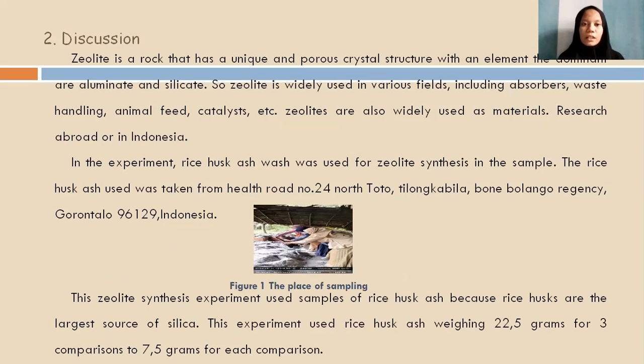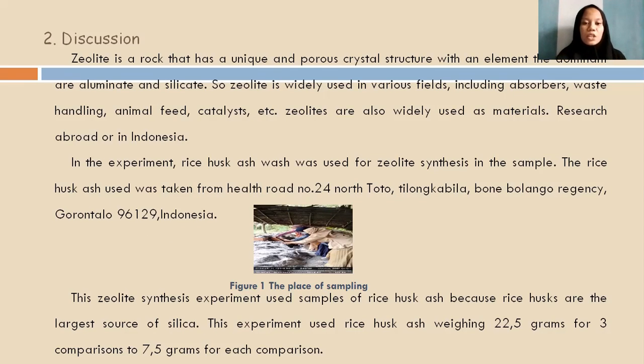Discussion. In the experiment, rice husk ash was used for zeolite synthesis in the sample. The rice husk ash used was taken from Heart Road number 2, Tilong Kabila, Bone Bolango Regency, Gorontalo 96129, Indonesia.